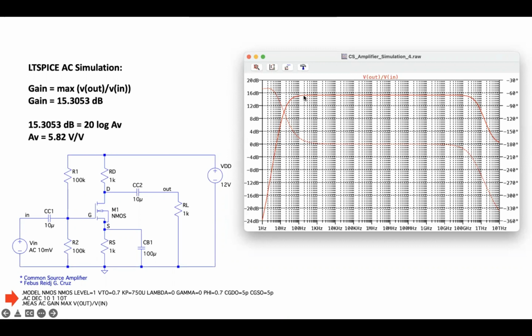When the frequency becomes lower, the voltage gain will decrease or will attenuate. Likewise, when the frequency becomes higher, merong certain cut-off yon, the voltage gain once again will attenuate or will decrease. Naintindihan ba iyon? Yes po, sir.